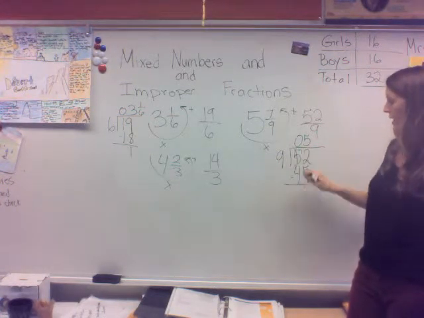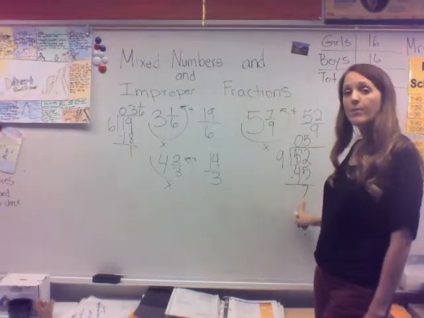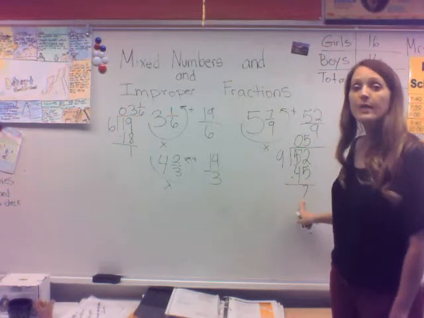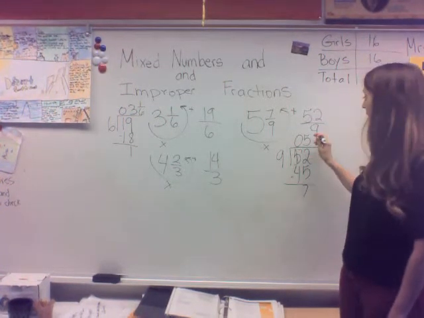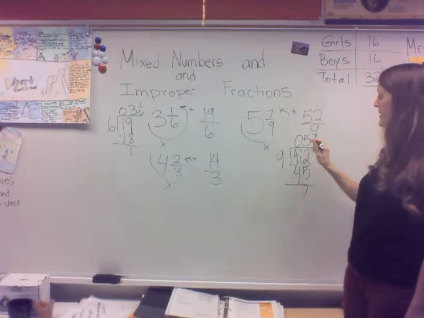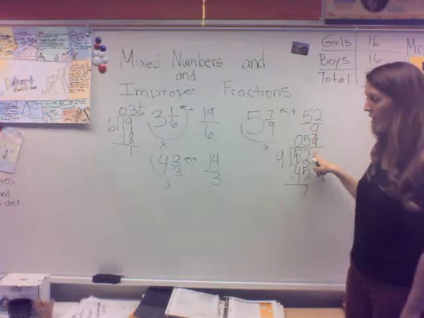Continue your appropriate division. 7 is your remainder. What do we do with our remainder? Our remainder becomes our numerator or denominator? Our numerator, because our denominator stays the same. And there's the 5 and 7/9 I was looking for.